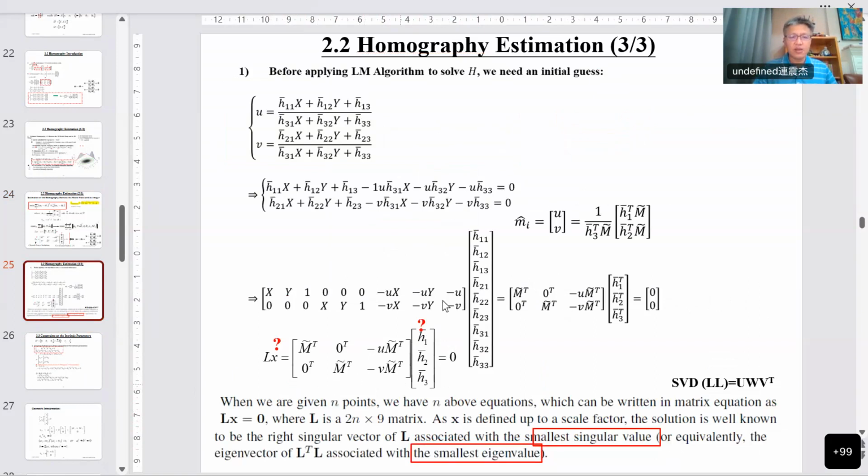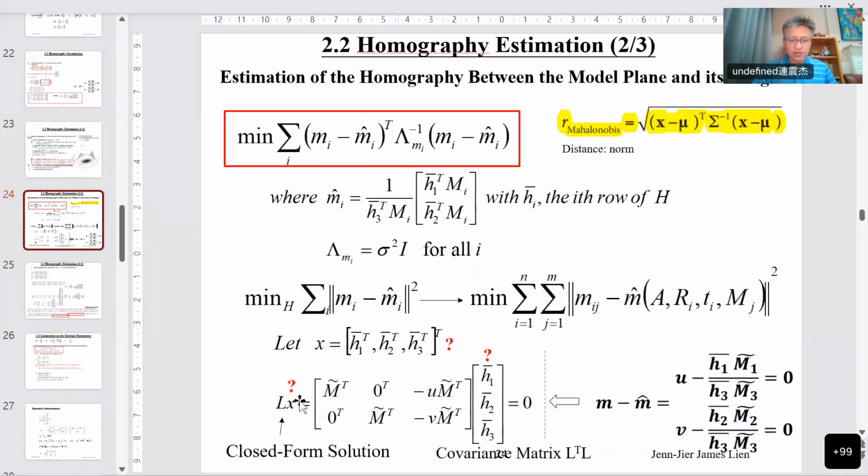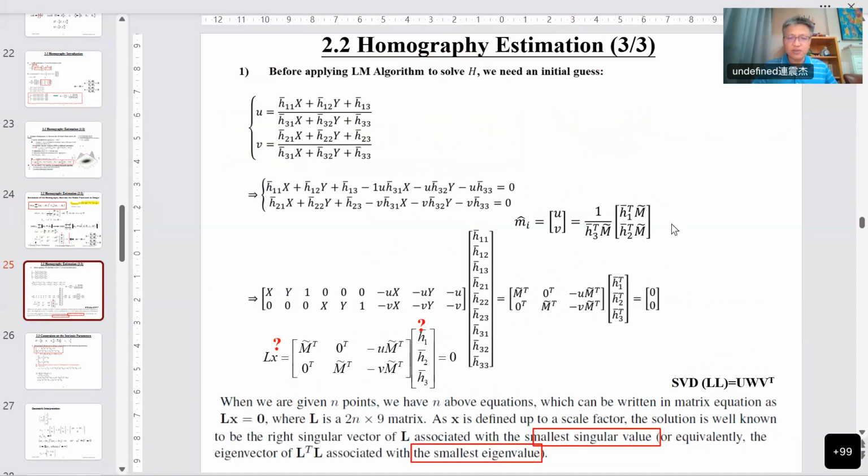This is the same. This one equals this one. So from here it becomes this one. It becomes a closed form solution. And this one you'll find, I do for you. So we try to solve H, but H is a 3x3 matrix. But in AX equal to B format, we assume this is a vector.